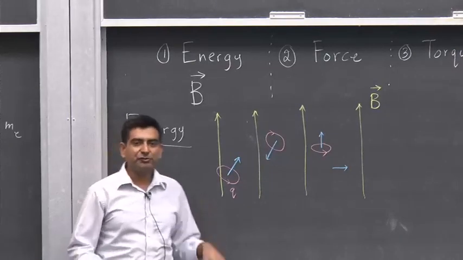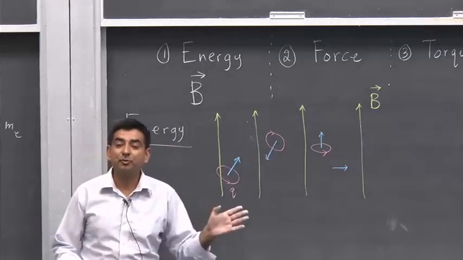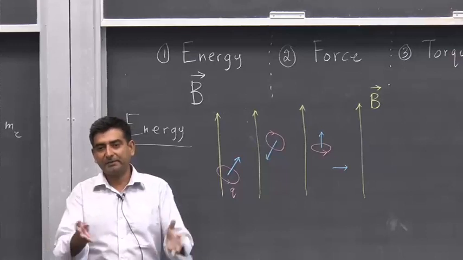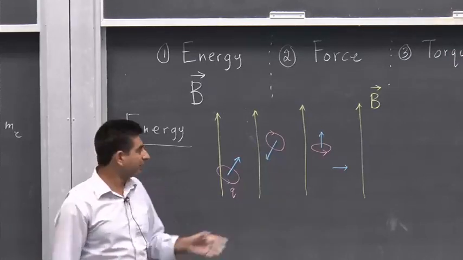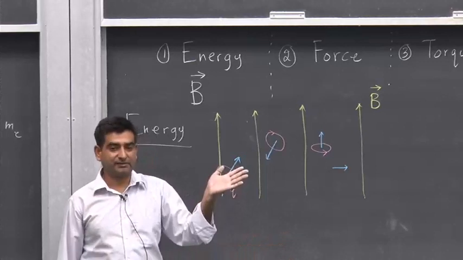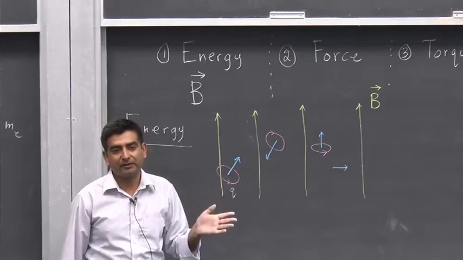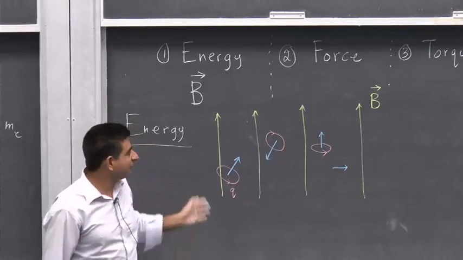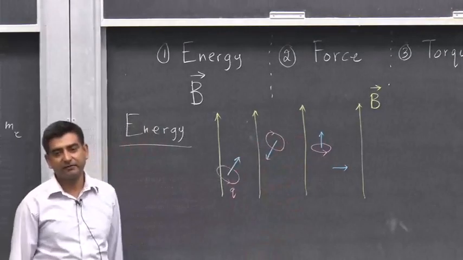So I will use the words throughout the course, magnetic moment and spin synonymously, right? A spin is a magnetic moment. So I could sometimes call these magnetic moments, sometimes I'll call them just moments, sometimes I'll call them spins. Spins is easier to say. Okay. So these are all spins placed inside a magnetic field.